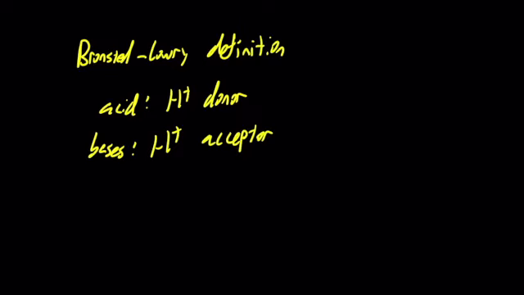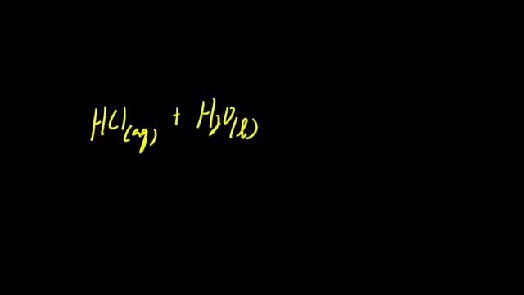So under this definition, how are we able to define, let's say, hydrochloric acid? If we have hydrochloric acid and it was to react with water, under the Bronsted-Lowry definition, how will that turn out? Well, let's define some things. Which one's the proton donor? And which one's the proton acceptor?